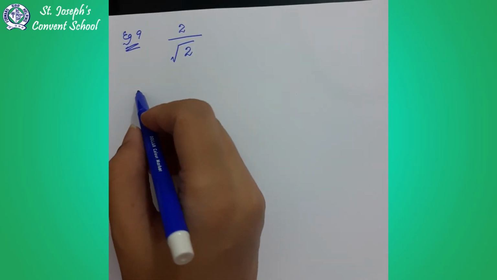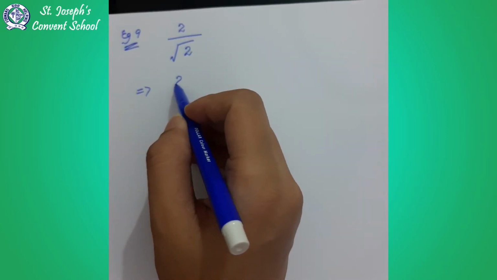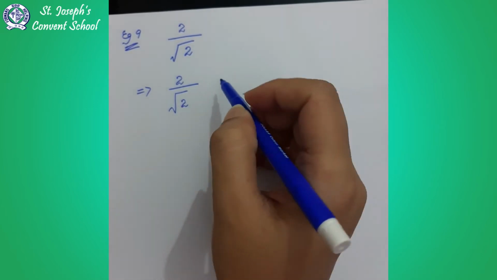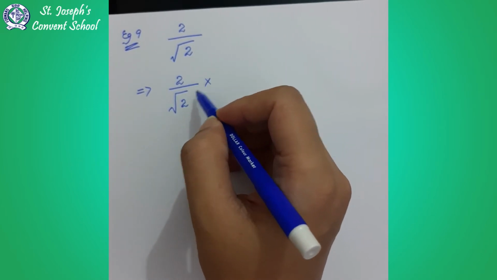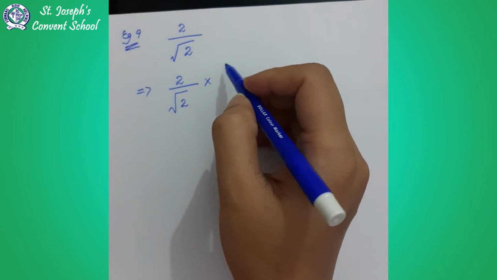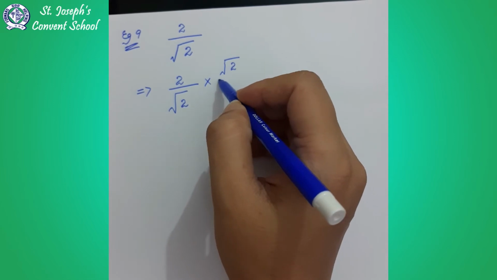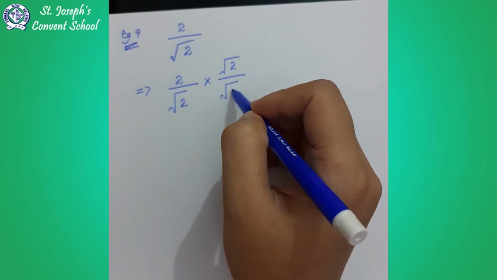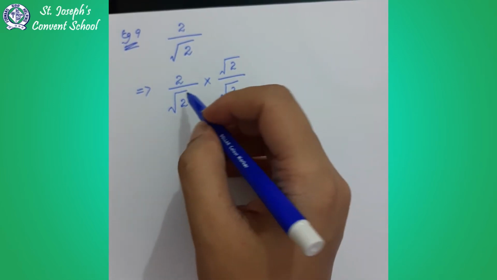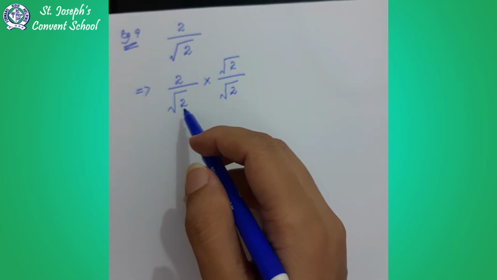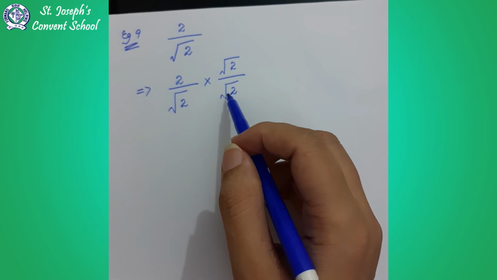Whenever terms are same, root is on the denominator, what we do, we write this question and multiply and divide by the root sign. Whatever is in the root sign, multiply and divide with that.